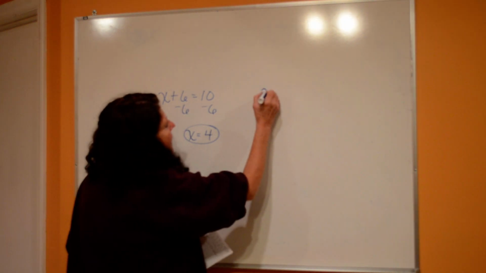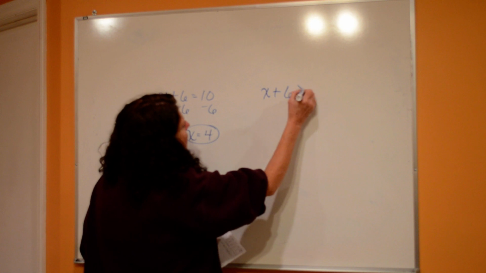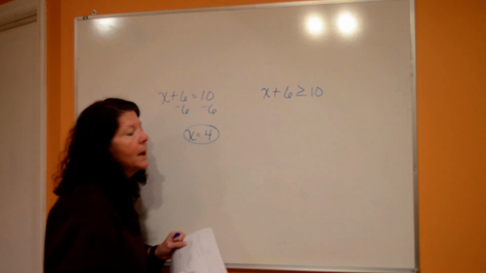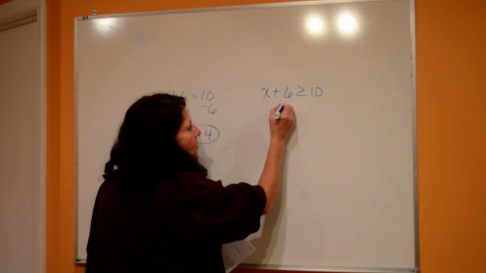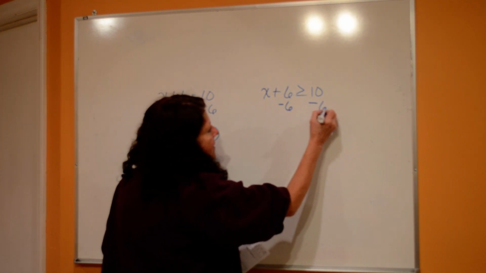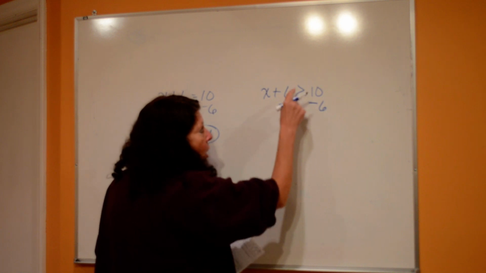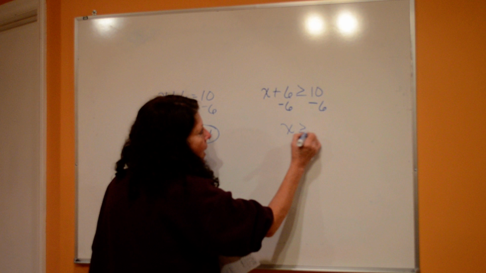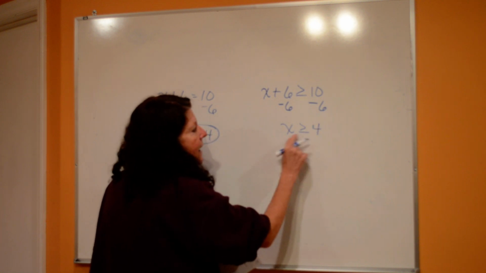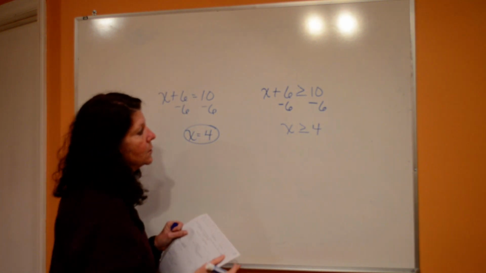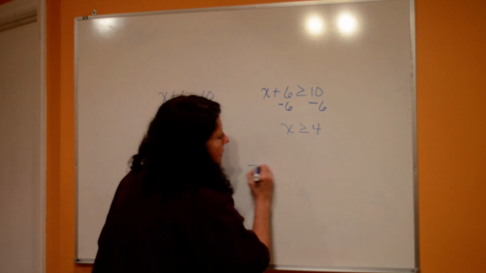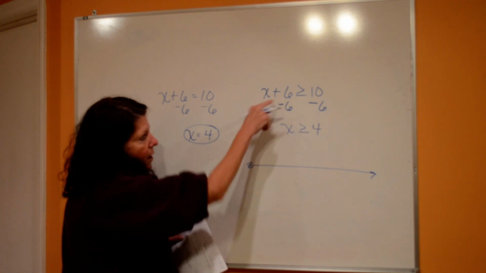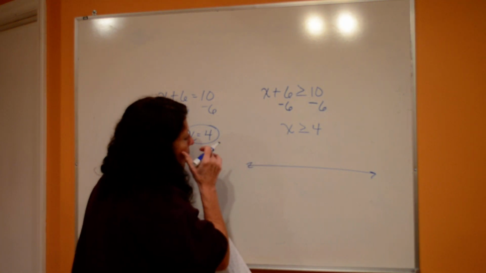But if I change this to an inequality, let's say I have x plus 6 is greater than or equal to 10, I'm still going to add a -6 to both sides. And rather than bringing down the equal, I bring down the inequality. So I have x is greater than or equal to 4. Notice, that means that every number 4 or above will work in that inequality.